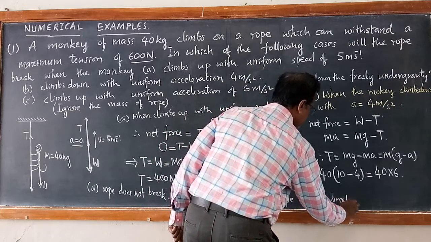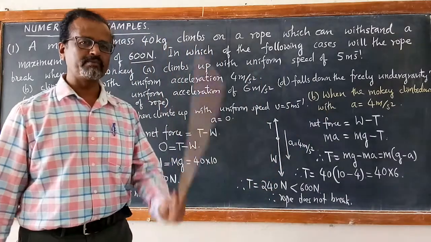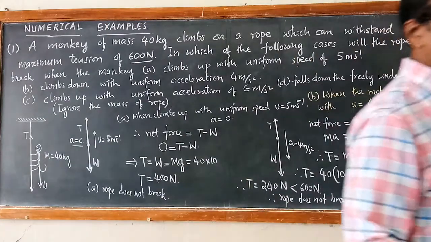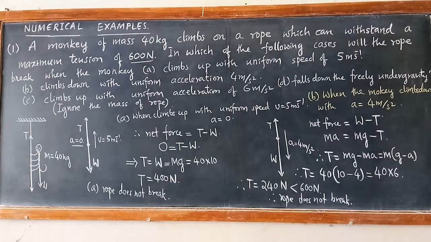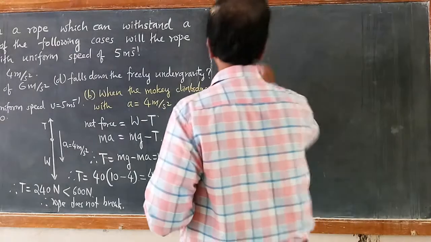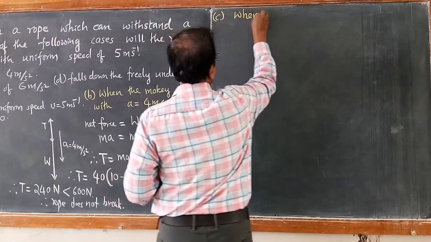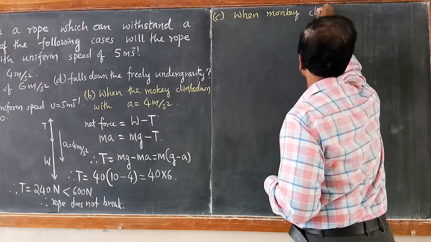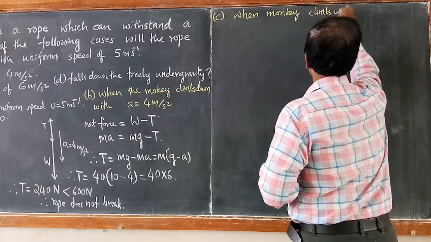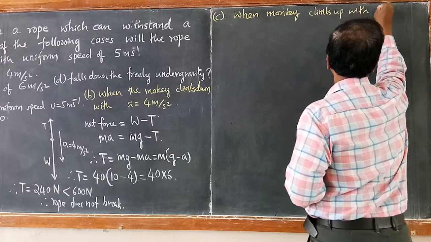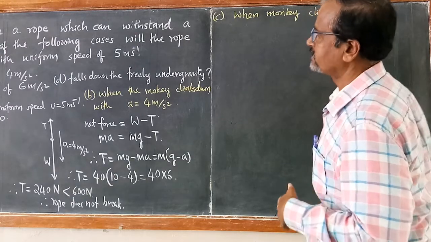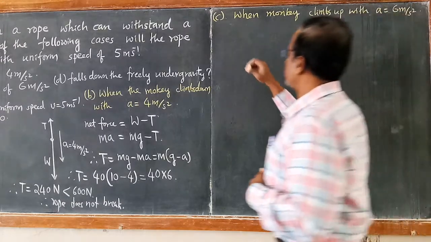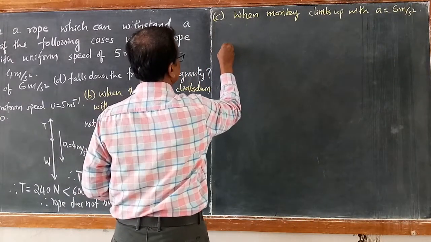So now let us see the third case. I think in the third case the rope is going to break. Right? Let us see the third case. When the monkey climbs up with acceleration a equal to 6 meter per second square, draw the free body diagram.